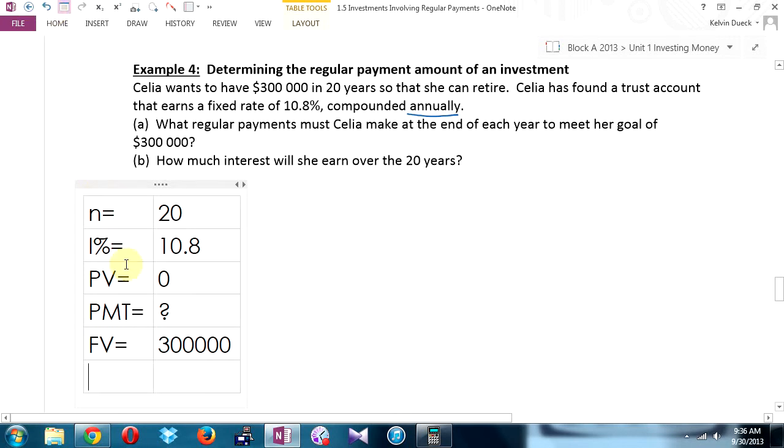Negative 300,000 because your calculator assumes you're borrowing money. Payments per year. Oh, 1, at the end of each year.